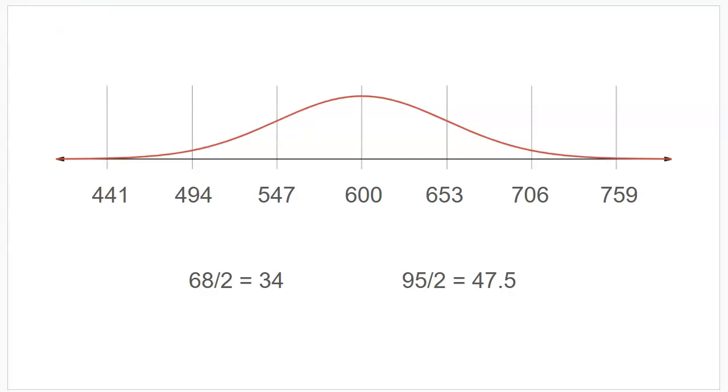That 0.3% would be located here and here. But we only need half of that because we're only looking at these values. So let's take 0.3%, divide it by 2, and we get 0.15%.